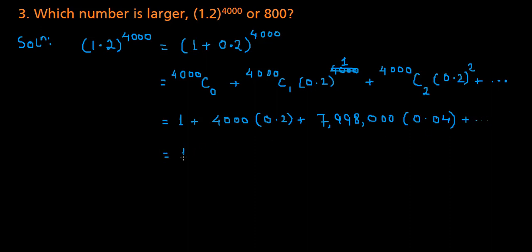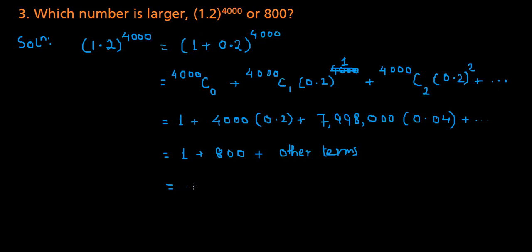So we have 1 plus 800 plus, now should we multiply? Let's leave it because it's going to be a very huge number. So we already know it's a very big number. It's greater than 800. So we just write here other terms. The first term and the second term was more than enough.